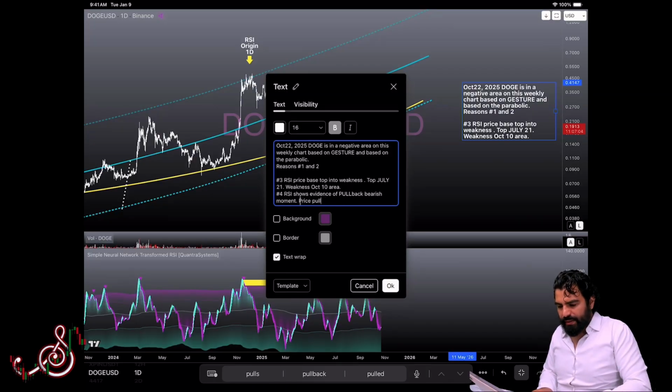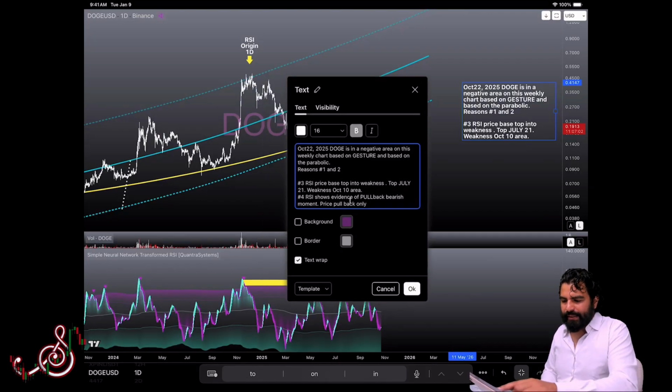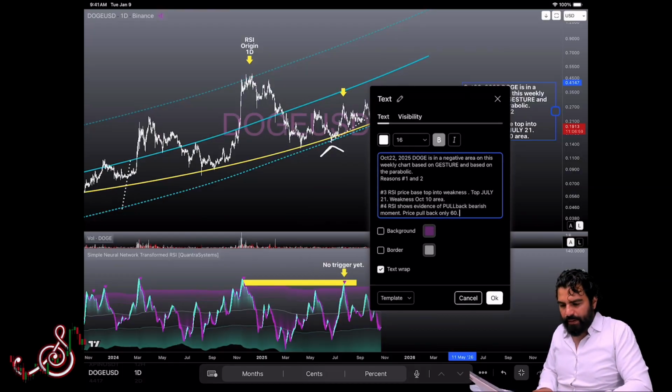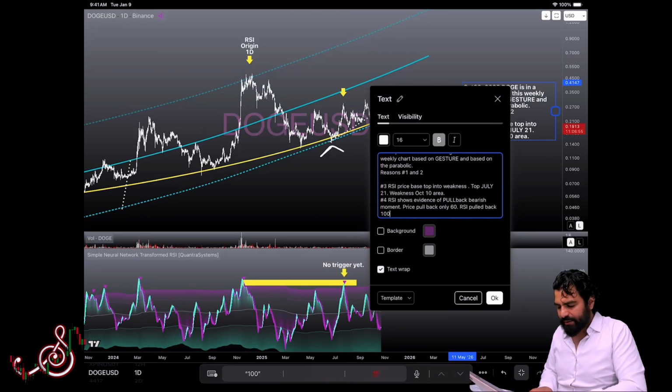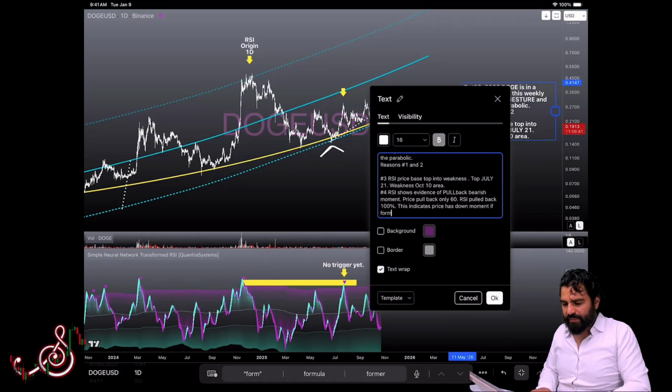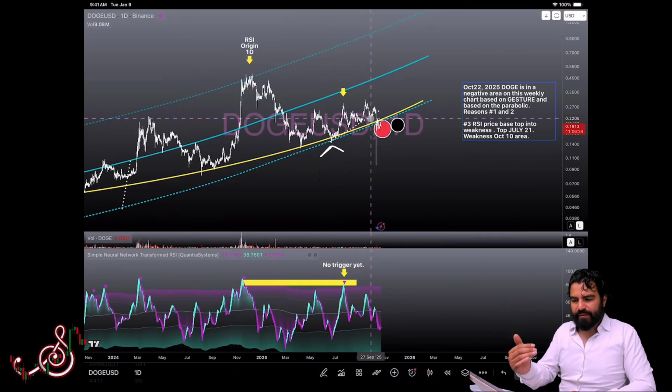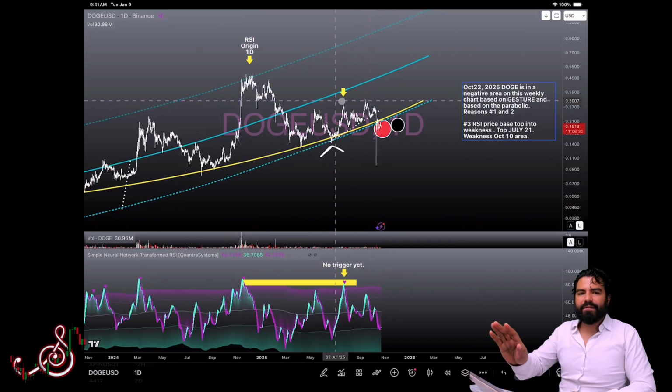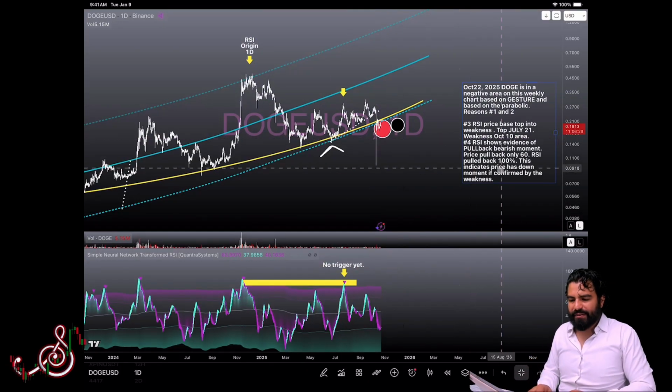Price pulled back only 60%. RSI pulled back 100%. This indicates price has down momentum if confirmed by the weakness. Okay, and that was confirmed. So there's a lot of movement still downward here. So this is a bearish.